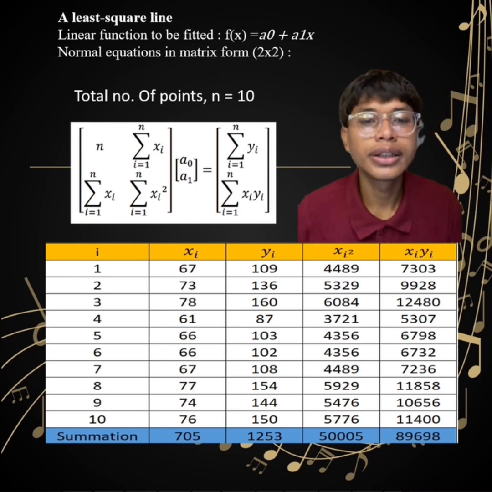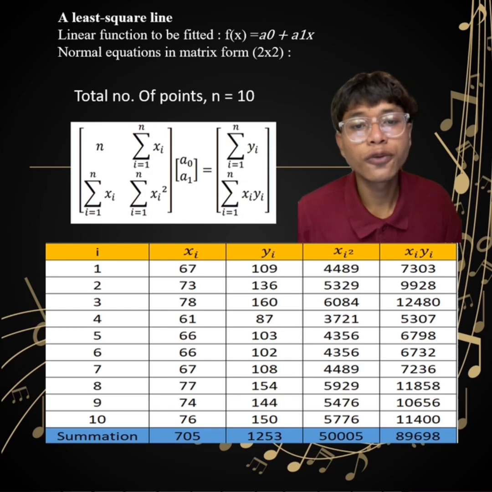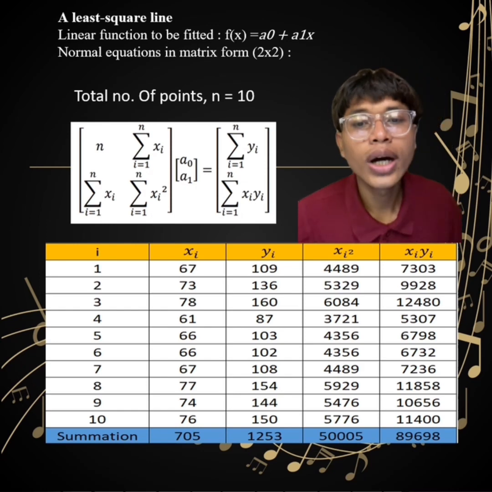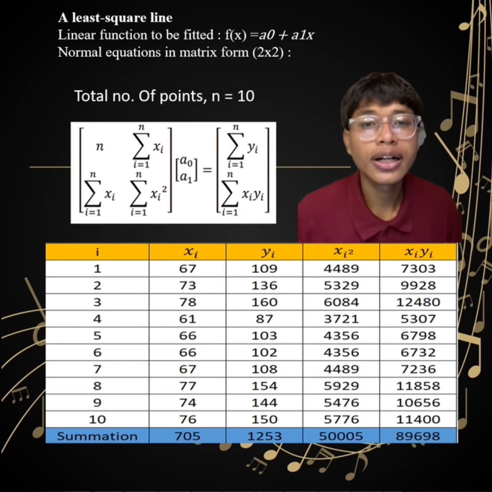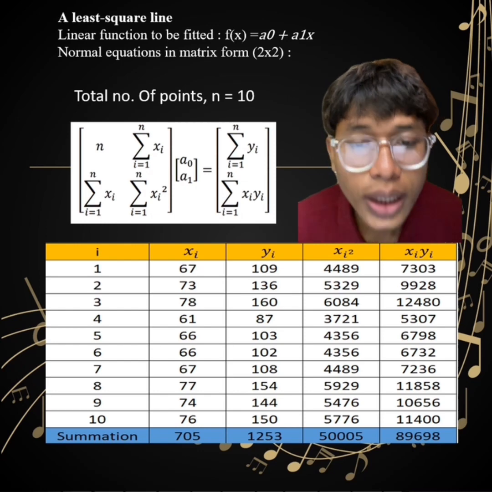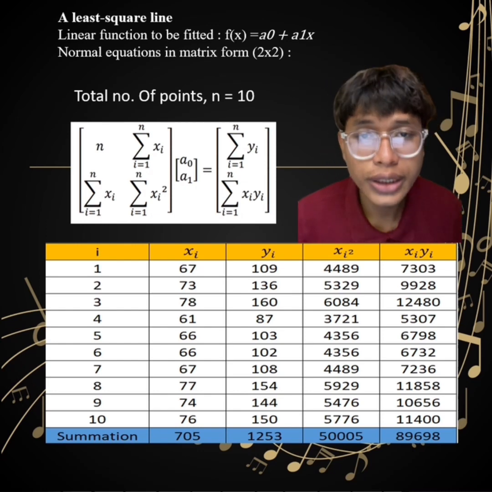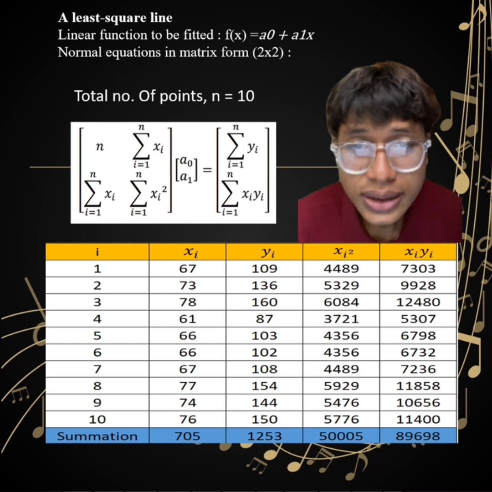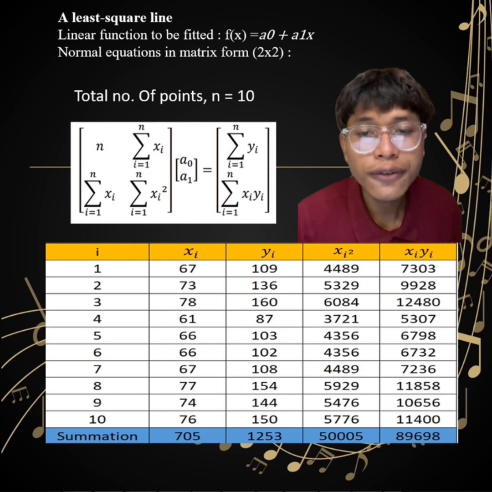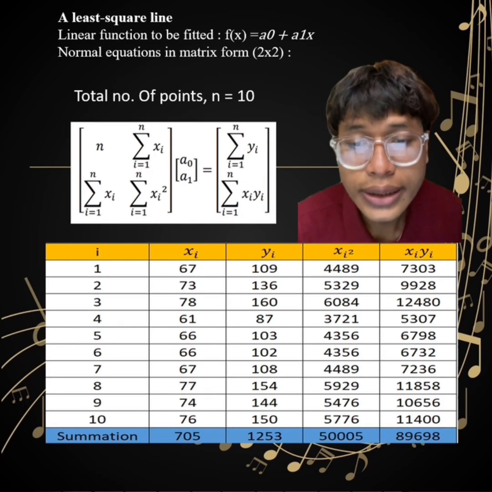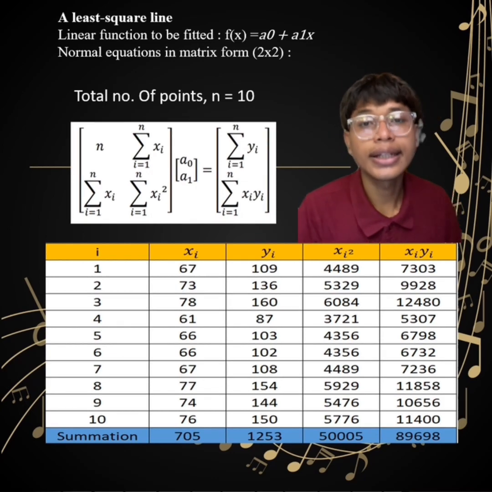Here is our table to find x, y, x squared, and x times y. The summation for x is 705, for y is 1253, for x squared is 50005, and for x times y is 89698.